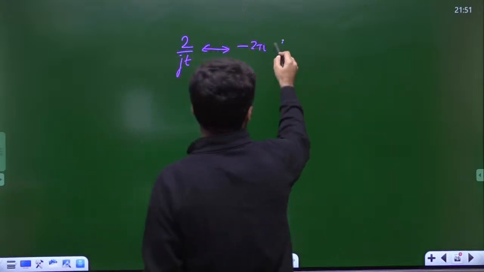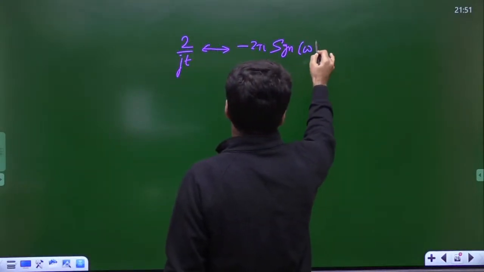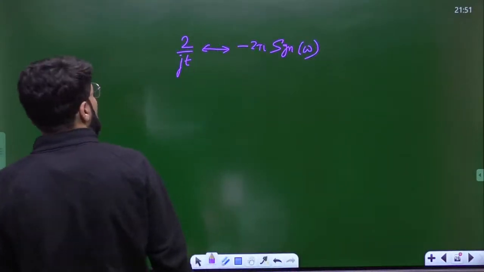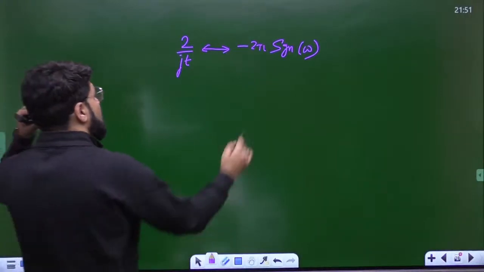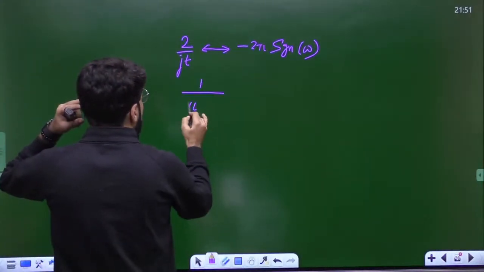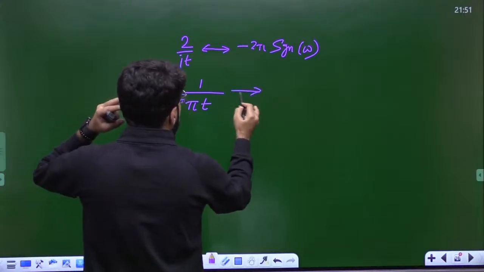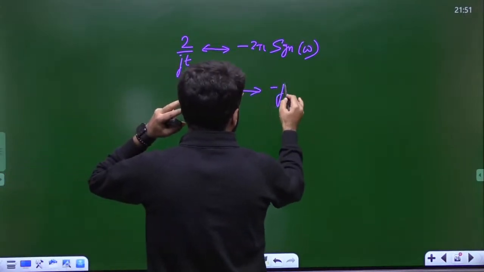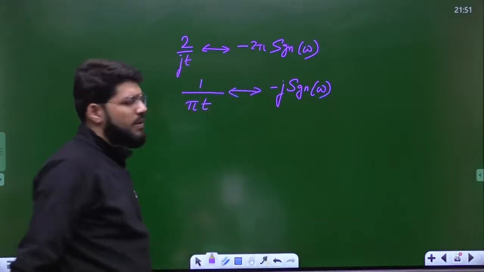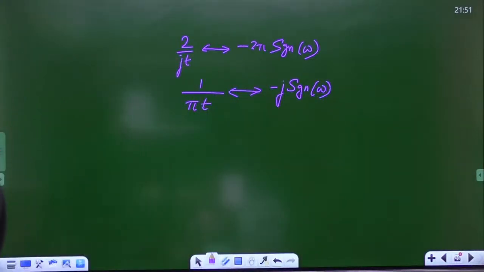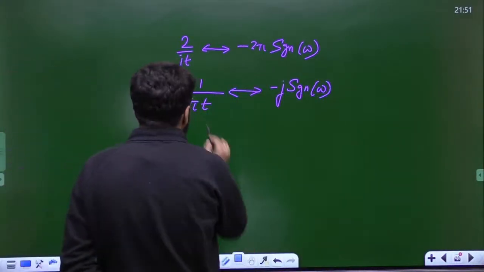Minus 2 pi signum omega. Cancel the 2 with 2. Shift the j on the right side, you get 1 upon pi. Bring the pi on the left side. 1 upon pi t has the Fourier transform minus j signum omega.